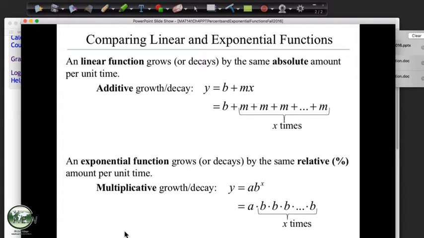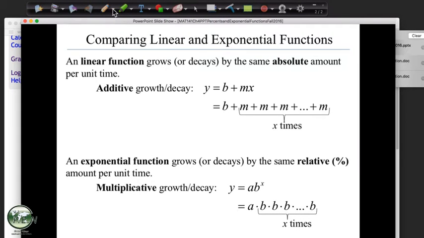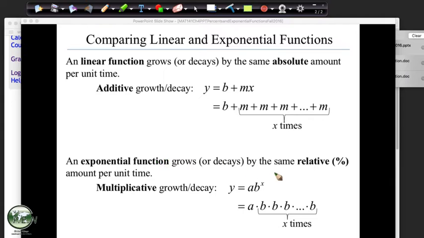In this section, although it's primarily talking about percentages, part of the reason we bring in the percentages is we're also going to be talking about the mathematical process of exponential functions.